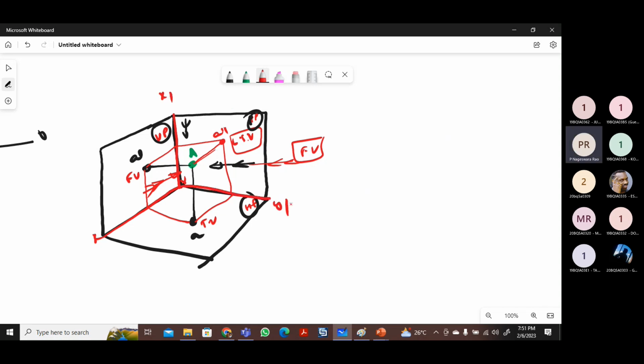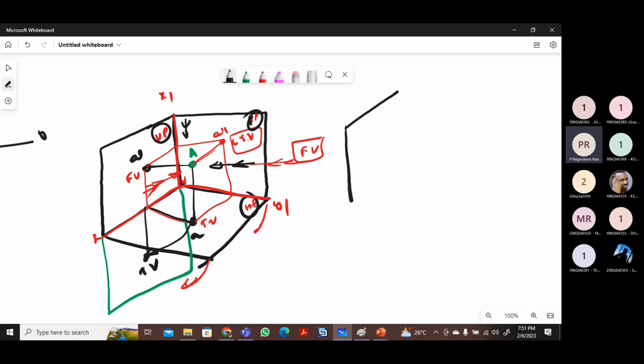What is our rule? I want to make it a plane paper, so you rotate like this. The horizontal plane goes below this line, and the top view goes like this, as we discussed already. This is the top view image. Now it will be like this.